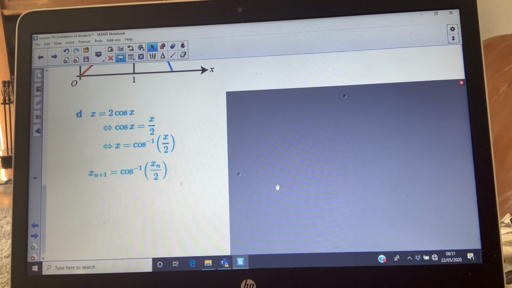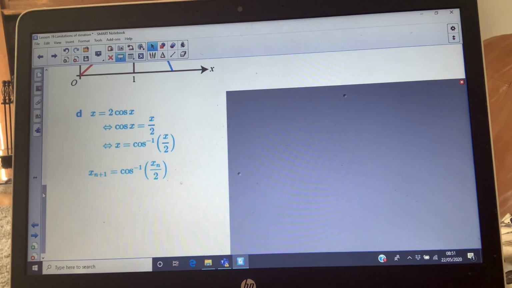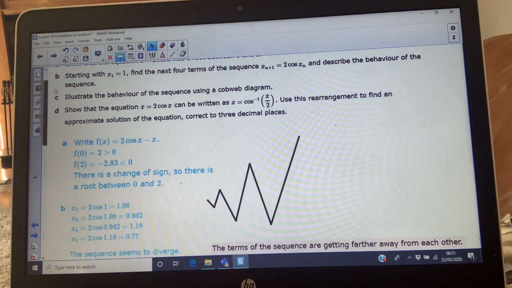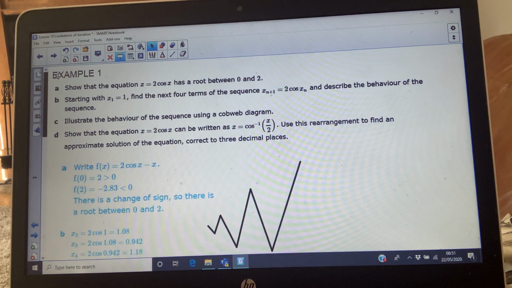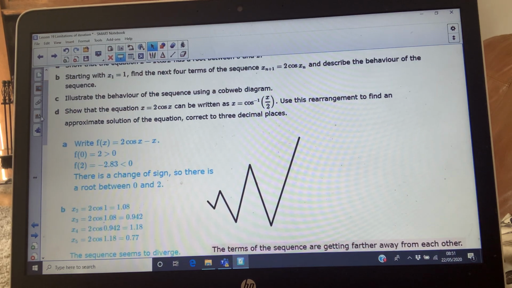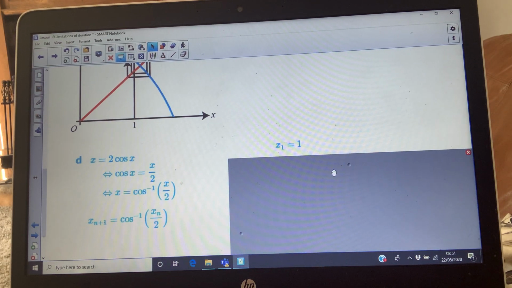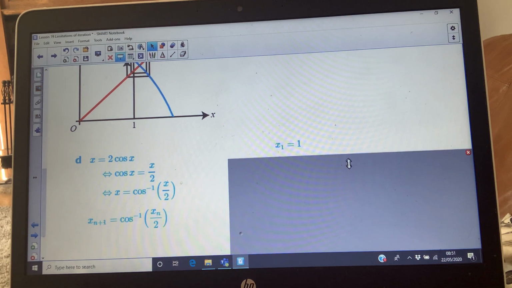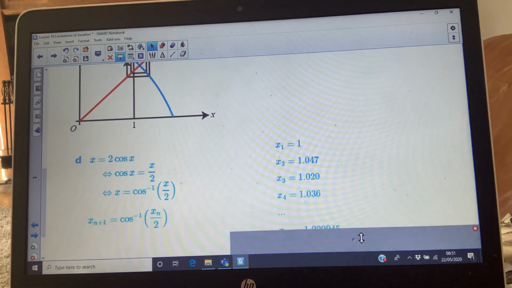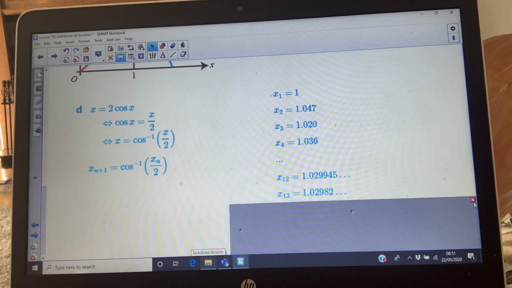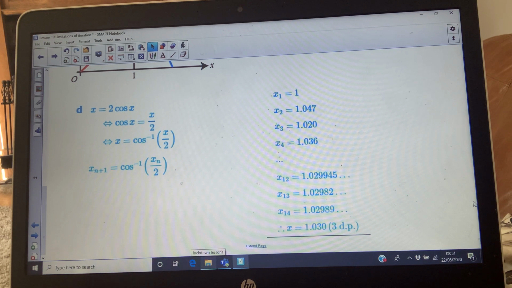Again, you must make sure you are in radians. Either use run or recur and substitute your values in. Let's start again with x equals 1 as our starting value from B. I think that makes good sense. If you use your first iterate as 1, you can see that with some button pressing, you are converging towards a root.